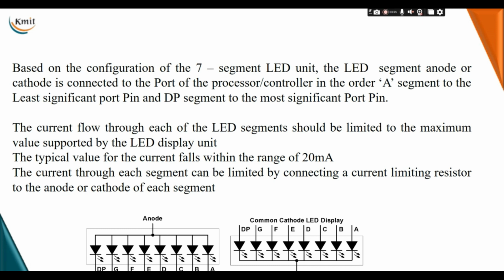The current flow through each of the LED segments should be limited to the maximum value supported by the LED display unit. The typical value of the current falls within the range of 20 milliamps. The current through each segment can be limited by connecting a current limiting resistor to the anode or cathode of each segment.